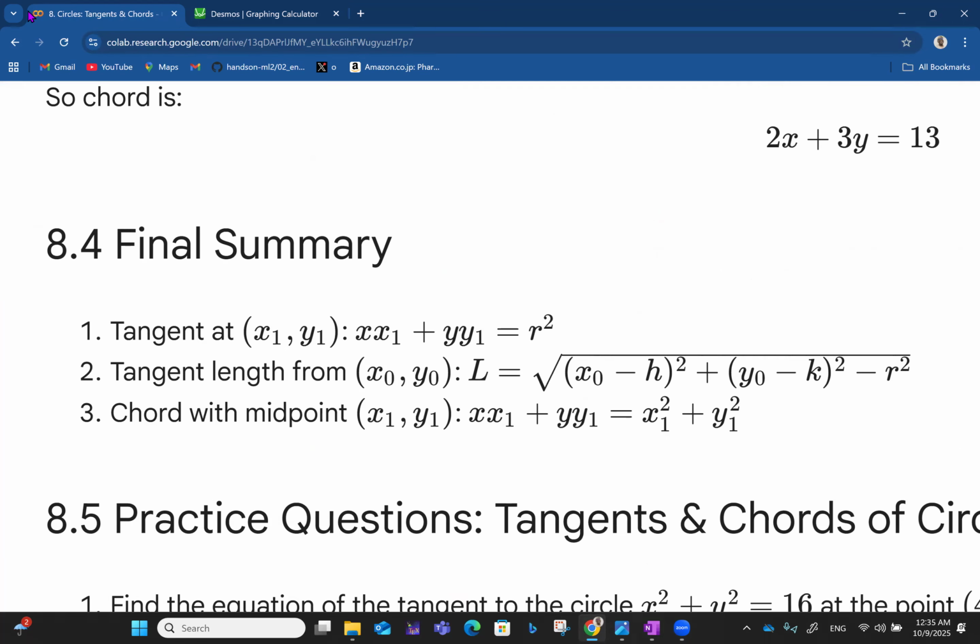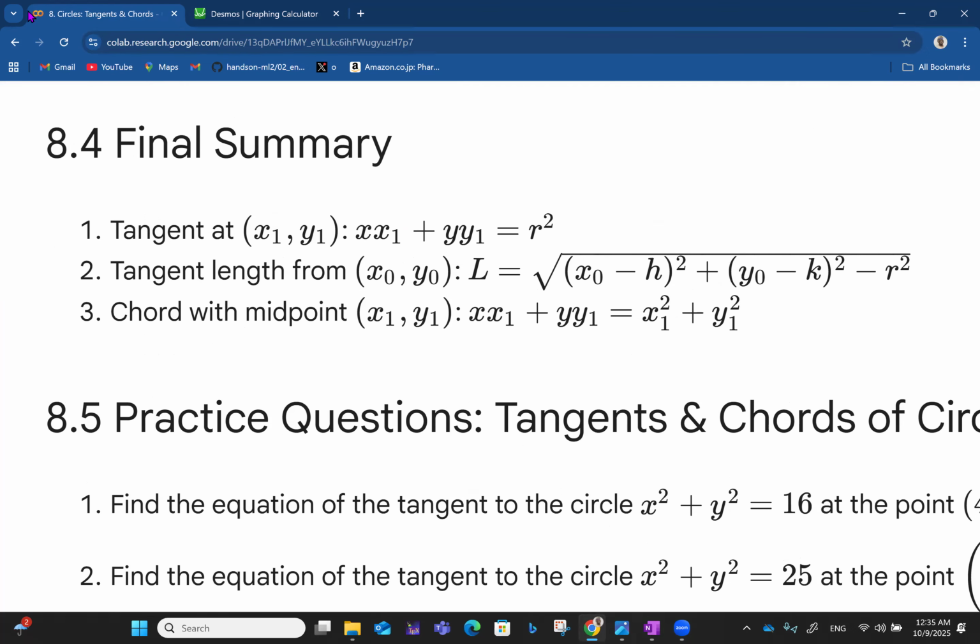So, summary. If you want the tangent to a circle at x1, y1, that's xx1 plus yy1 equals r squared. If you want the length of the tangent from an external point x0, y0, L is the square root of x0 minus h all squared plus y0 minus k all squared minus r squared.